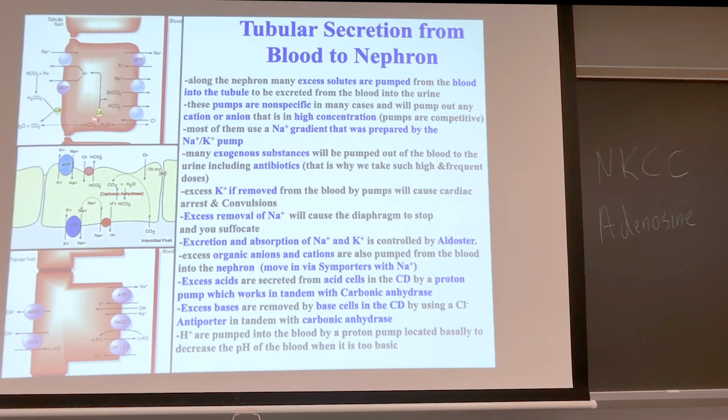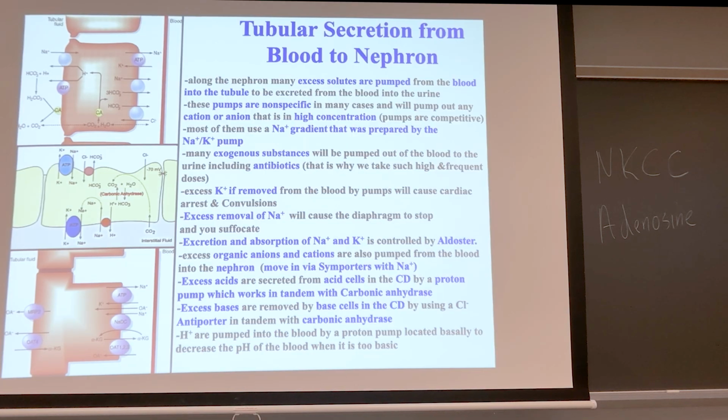We bring in carbon dioxide, we use carbonic anhydrase, and we simply pump the acids out and into the filtrate. And then we take the bicarbonates that we produced, and we add it to the blood to buffer that acidic condition, right? And so the kidneys can produce a huge amount of bicarbonate that can flow into the blood and neutralize any acids. At the same time, we pump the acids out, getting rid of the protons.